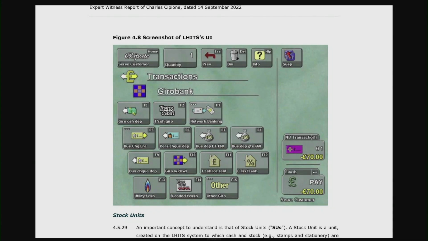I keep calling them tiles. Is tiles the right expression or not? Tile, button. I'm not sure exactly how they referenced it internally. Okay. In any event, this one is displayed in the serve customer mode. Is that right? Yes. So you were telling us that that was the mode that people might be most familiar with, SC, serve customer. Can you tell us about the other modes, please?